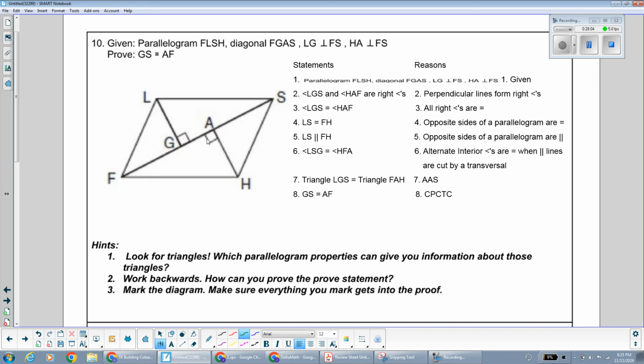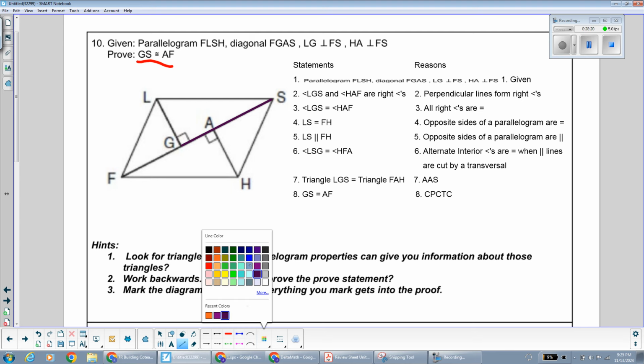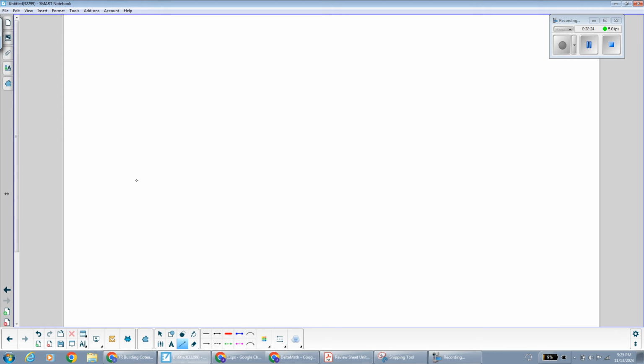Now, in order to know what's important here, I do recommend taking a look at the proof statement. We're proving that GS, where's GS? Right over here, is congruent to AF. Where's AF? Let me get it in a different color. Right here.